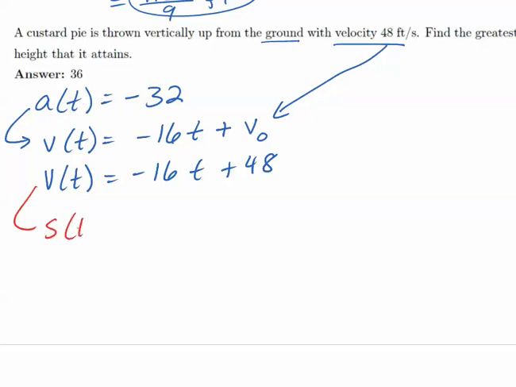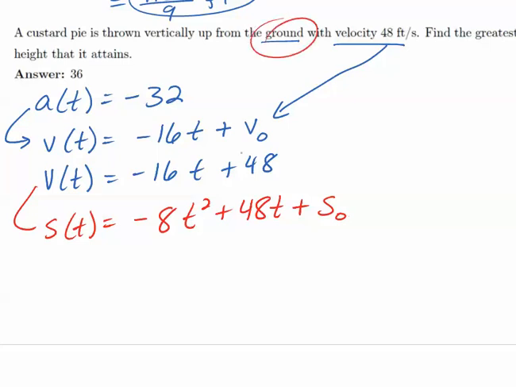another antiderivative. So we're going to raise the exponent to 2 and divide by it, put a 48t, and then our constant here, which we could call our initial position. And of course it says ground level, so that's the same as saying that at time 0 the height was 0. So if you put 0 in for t, this is the initial height.